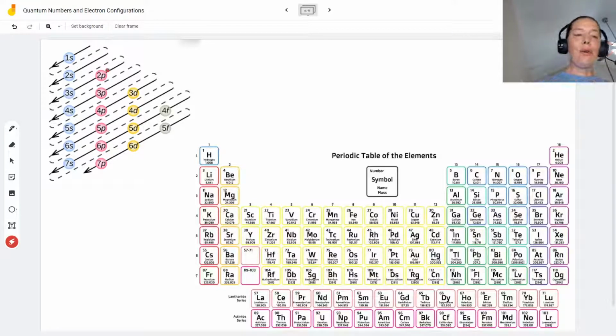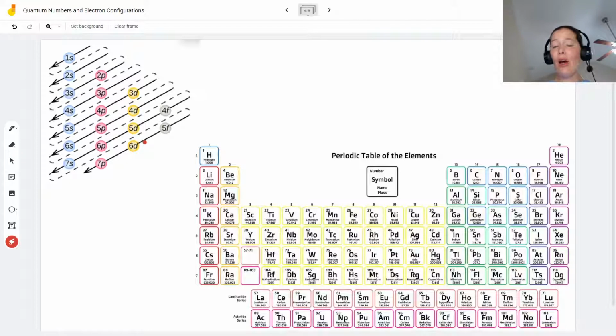I wouldn't get this P in the right place, or I would skip something, or I wouldn't follow the roadmap correctly, and then all of my electron configurations were wrong. So it didn't take me too long to figure out that this just didn't work very well with how I think. However, it works great for a lot of students. So if it works for you, absolutely use it. It will get you the right electron configuration.